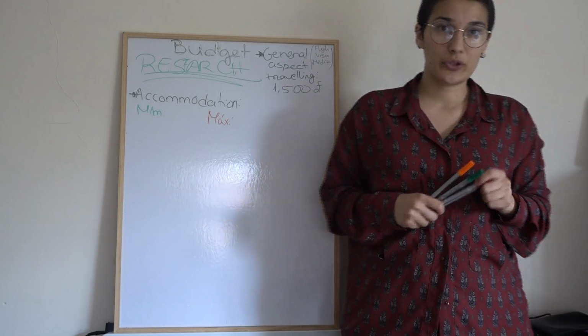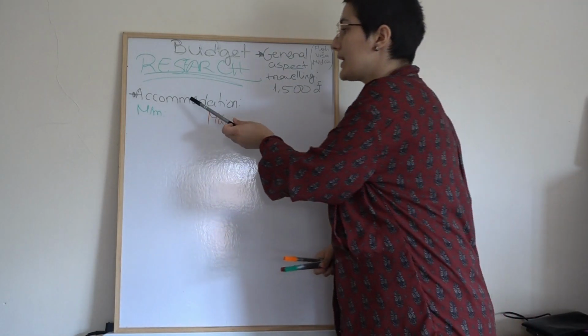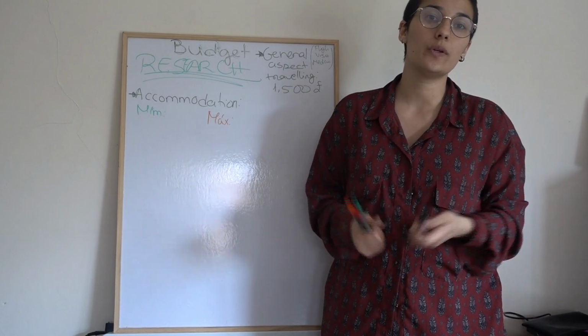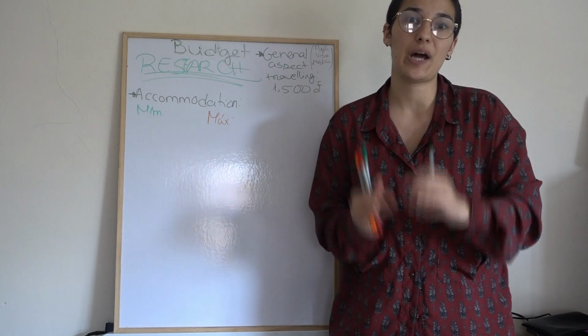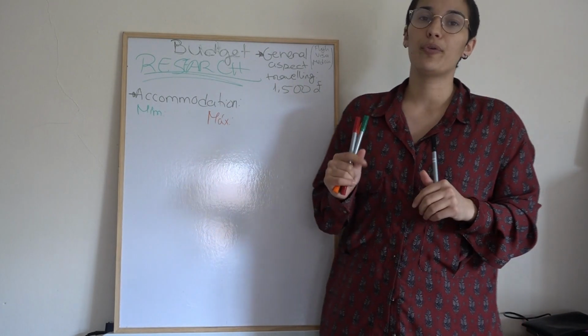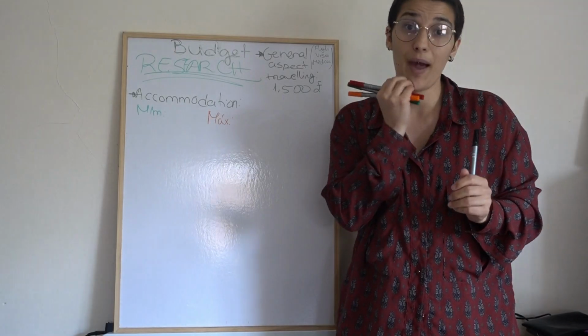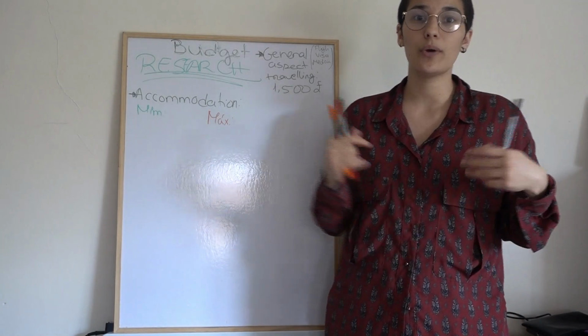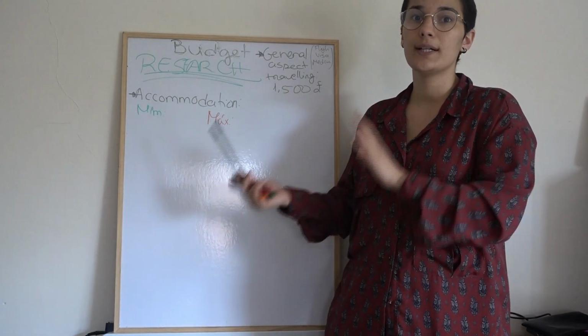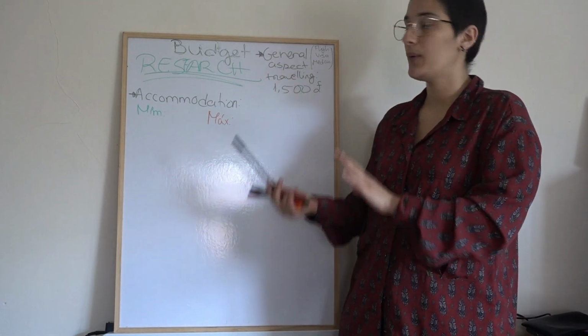So things that you have to consider here regarding accommodations: it will always depend on your type of traveling. If you prefer hotels, or if you're traveling as a family, or if you're traveling solo. In my case, this is solo. The example that I'm going to give here is Thailand, traveling solo.